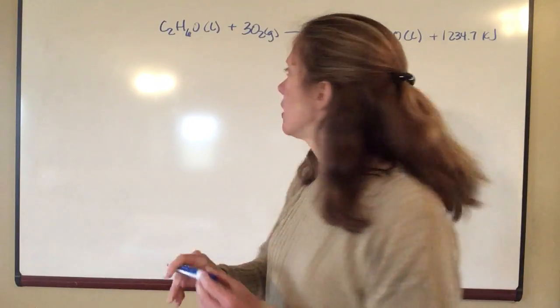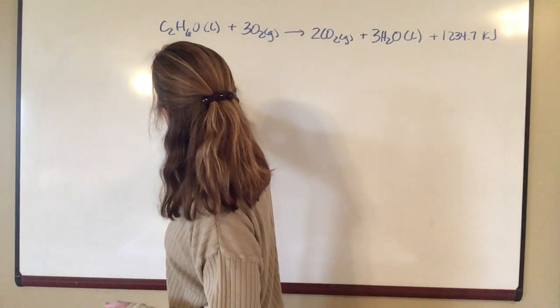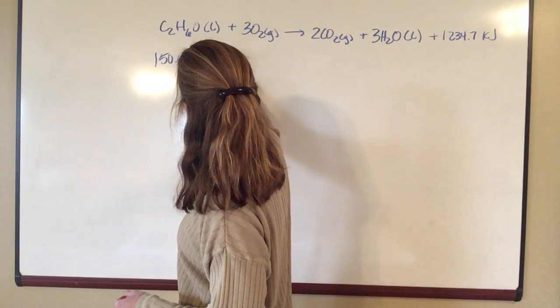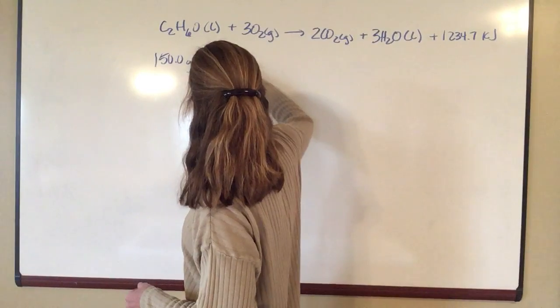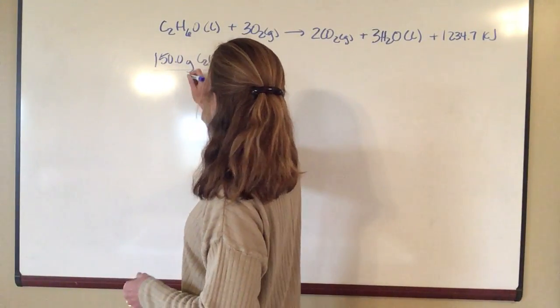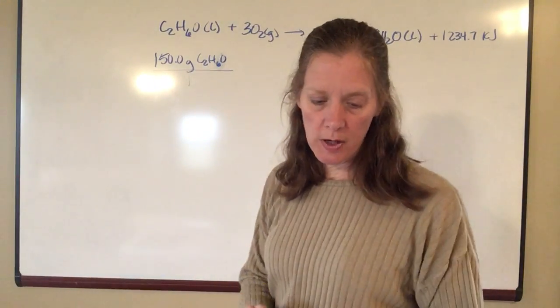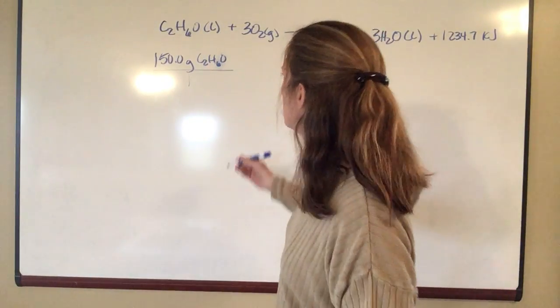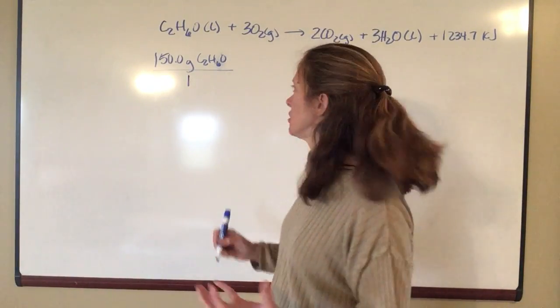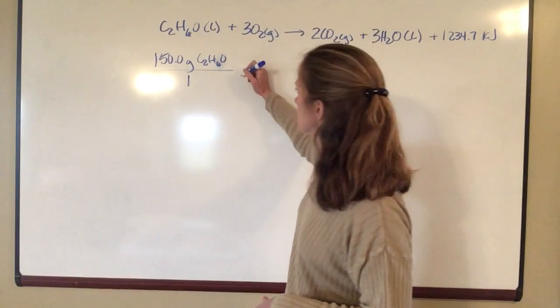And so I know that I have 150 grams of C2H6O. That's what I'm starting with, and I want to know how much energy is going to be given off. Well, just like in any stoichiometry reaction, I have to convert grams to moles.